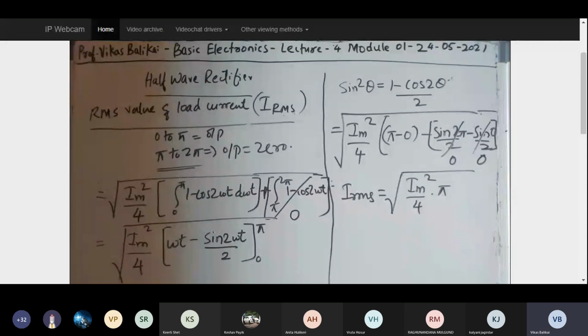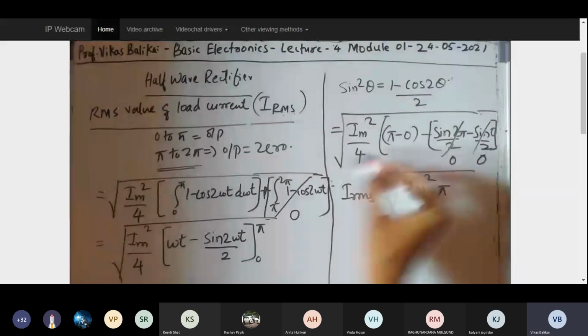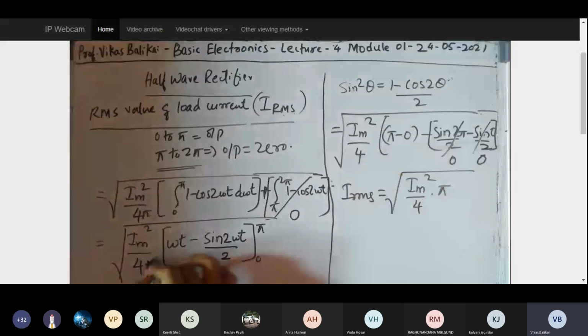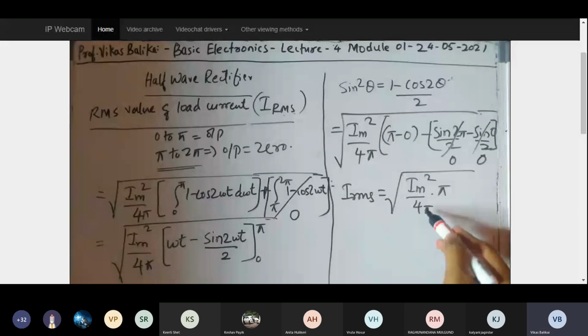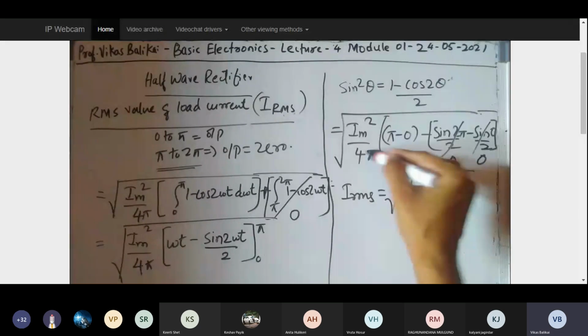For pi, I guess, because it is 1 by 2 pi, right? I forgot that pi term, because in the beginning I took it as 1 upon 2 pi. So it is Im square by 4 pi multiplied by pi.